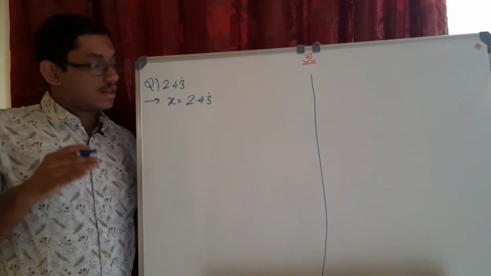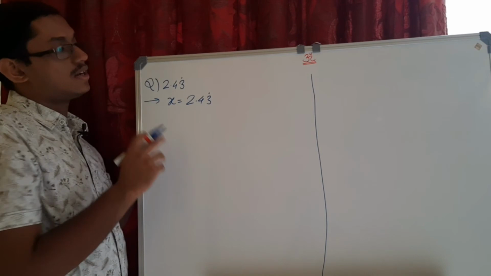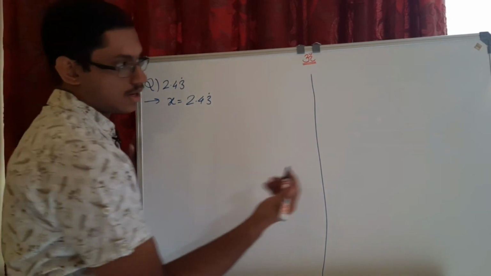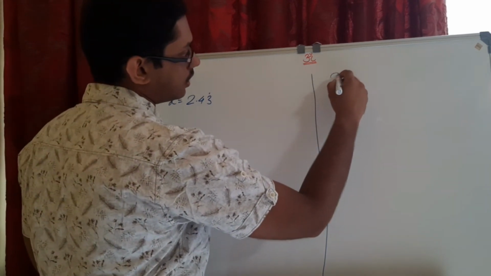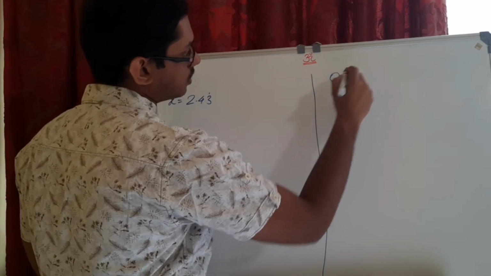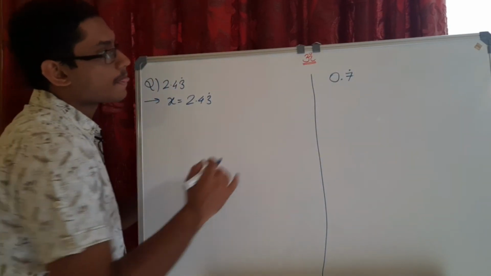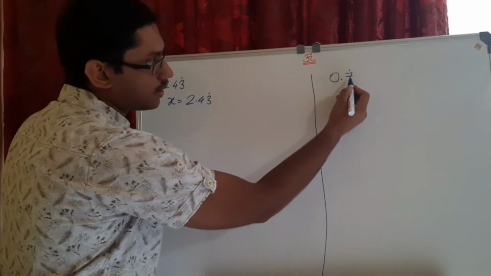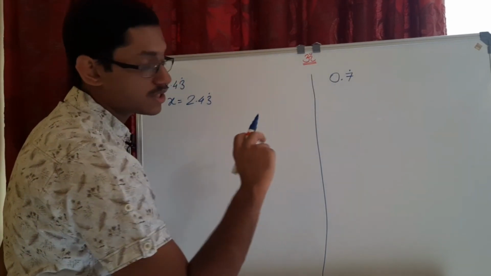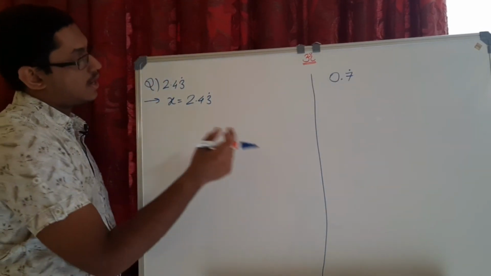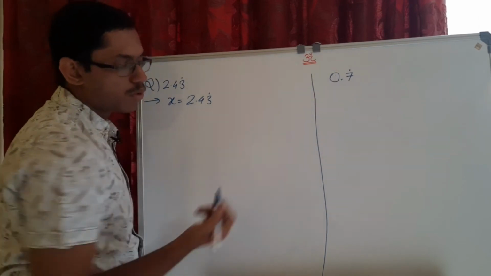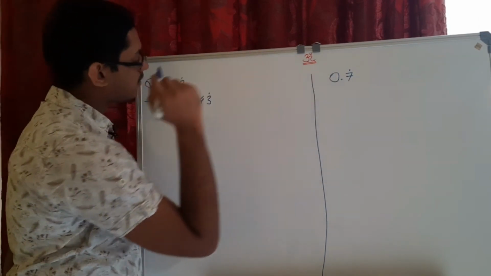Now the difference between this question and the previous questions: the previous question was 0.7 dot. The difference is that there the repeating number was just beside the decimal point.